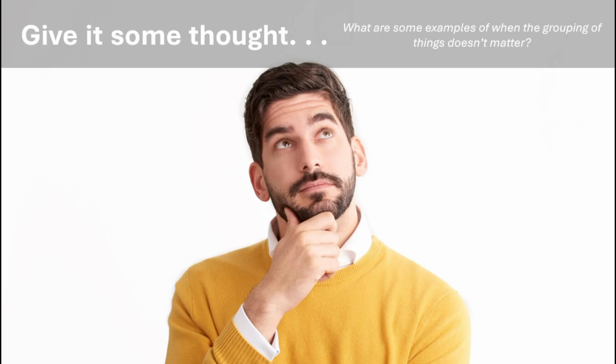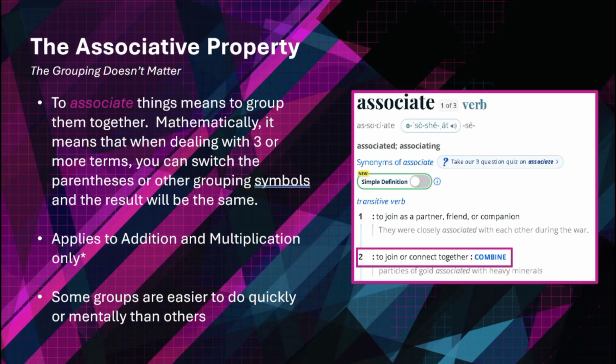So, like we did before, let's talk about the associative property in terms of what the word associate really means. Merriam-Webster has a lot of different definitions for a lot of words, so I wanted to highlight that the one we're going to use is this one about joining or connecting things together, or combining things.